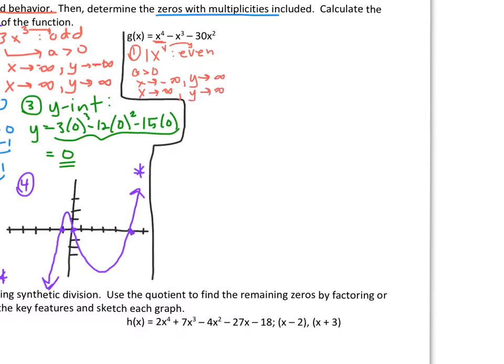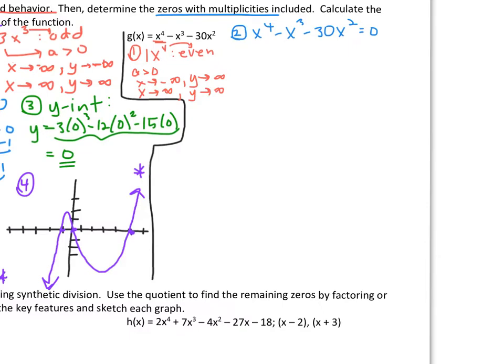That's step 1. Step 2, find the zeros, including multiplicities. To find the zeros, what we'll do is we'll set x to the 4th minus x cubed minus 30x squared equal to 0. Now look at each term. We have an x to the 4th, an x to the 3rd, and an x squared.